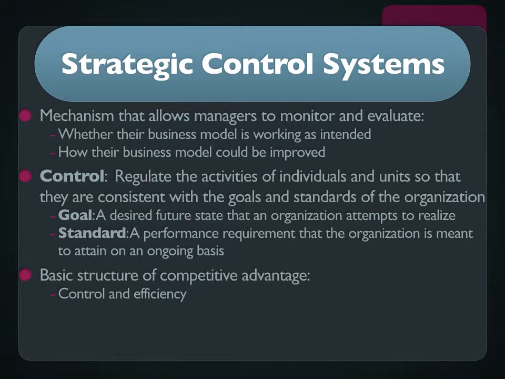Kitchens that don't have strict controls about how to cut and prepare meat often have high levels of waste, because you have little bits of meat that aren't large enough to sell that end up getting thrown out. So control is an important way of increasing efficiency.